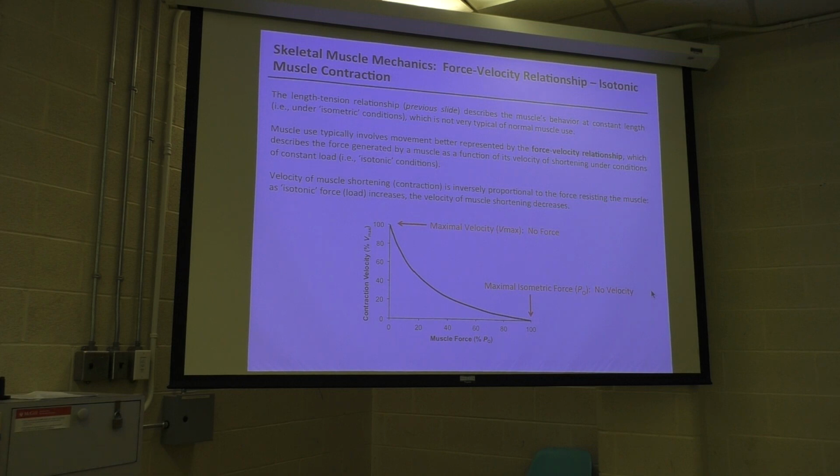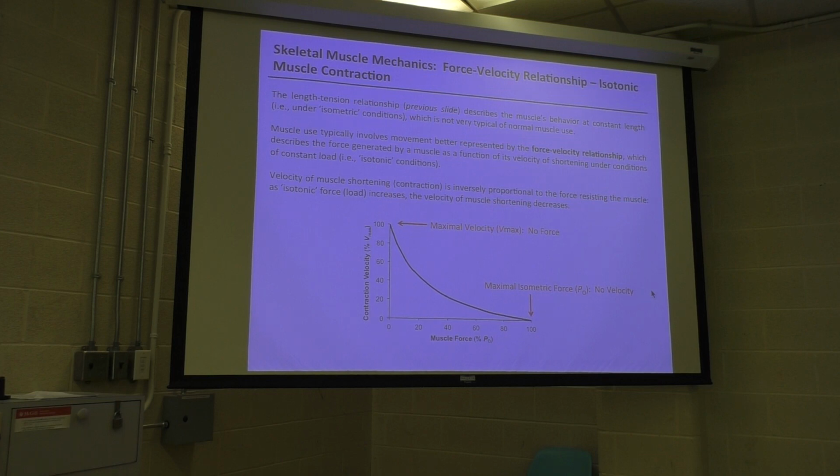So that sort of makes sense. I'm pushing on this table, right? I'm pushing really hard, so there's a lot of force, but there's no shortening velocity. Conversely, if you move really quickly, you have a high velocity contraction, but the fastest velocity is going to occur when you have no force being applied to your muscles.